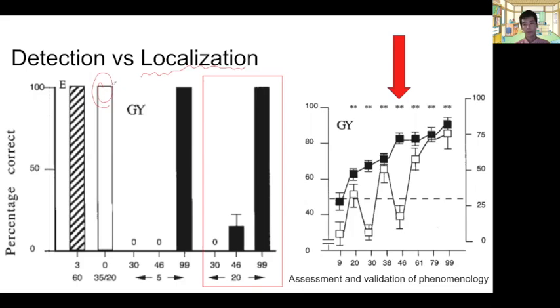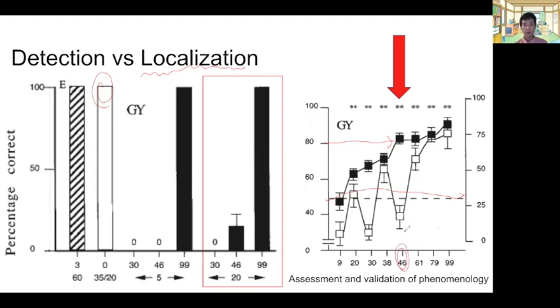That's the huge difference between the detection task and the localization task. In the localization task, the chance performance was 50%, and GY was able to accurately discriminate the location at 80% accuracy when the contrast was 46%.